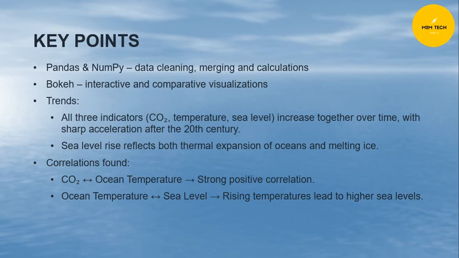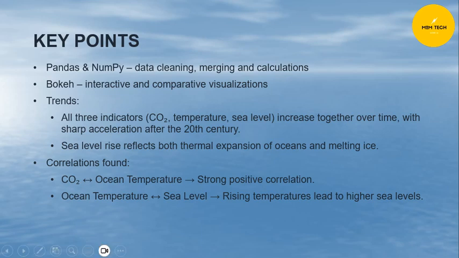It's rising because, as we know from Physics 101, when you heat something, it expands, and the amount of energy to raise the temperature of all the oceans at the same time is really huge. That's why the expansion is very visible, let's say.